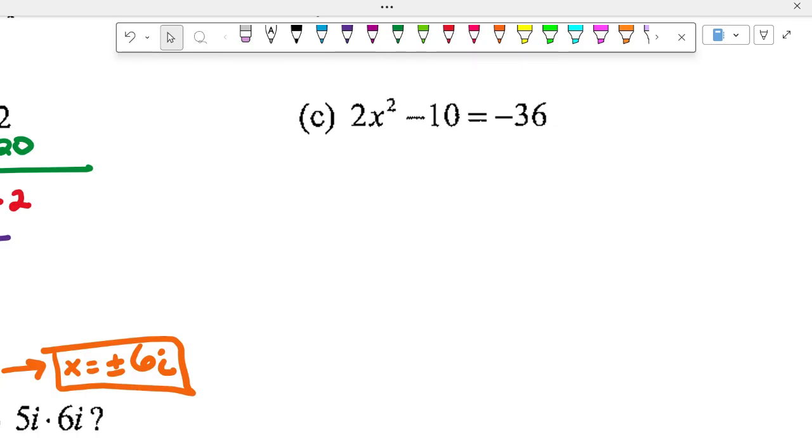Fair warning, this might not be a perfect square. Don't be thrown if you don't get a perfect square. You can't simplify the square root of 21.